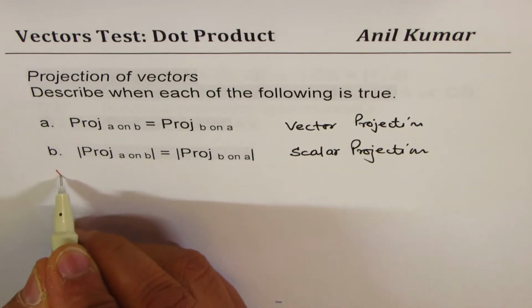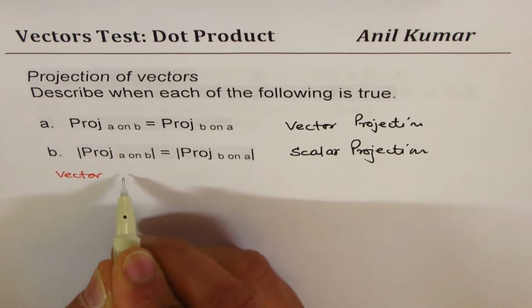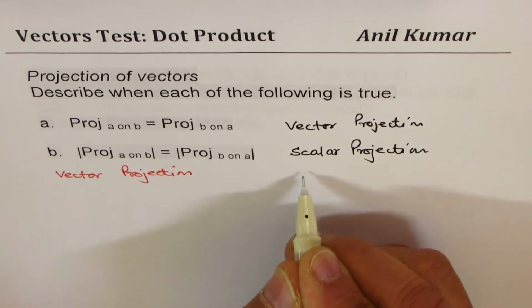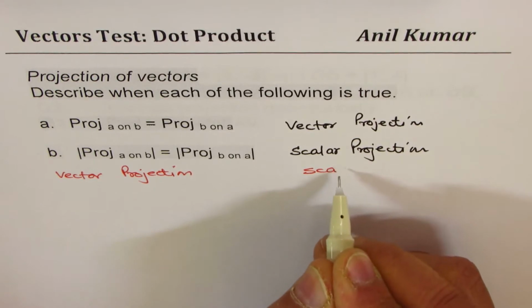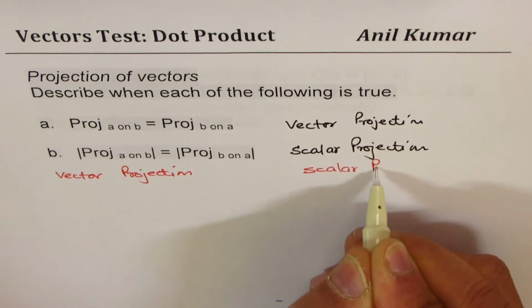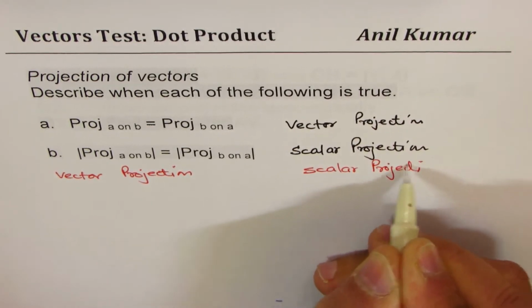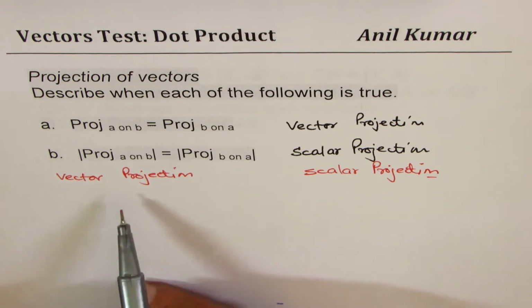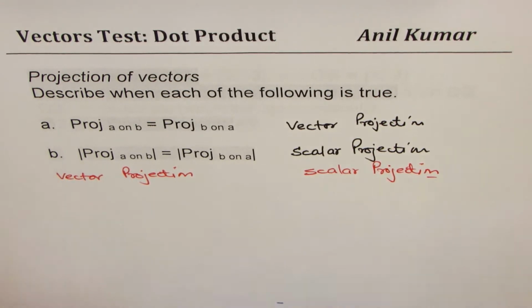So let me say vector projection, and scalar projection. Let's talk about scalar projection first, and then we'll add direction to make it vector projection, right?